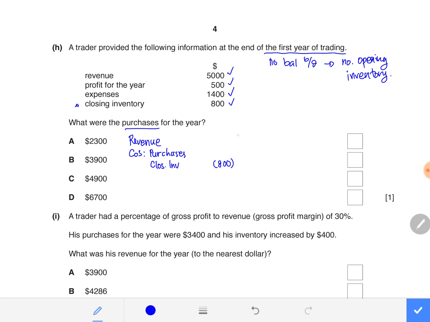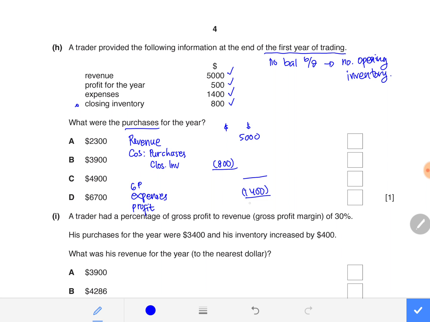Your revenue is 5,000, and then cost of sales, then gross profit. After you have gross profit, minus expenses, your expenses is 1,400, and then you have a profit.